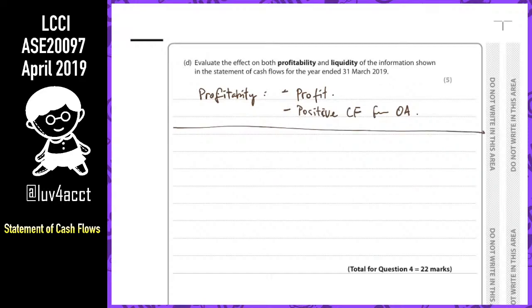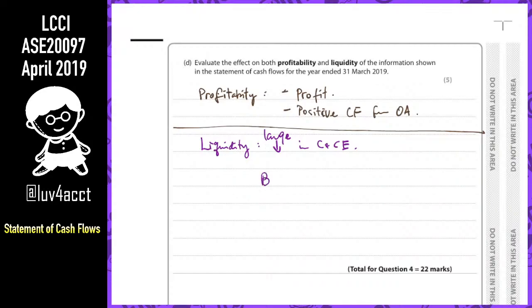And then for liquidity, you can mention there is a concern because of a large decrease in cash and cash equivalent. It is a 21,000 decrease. You can say this is to be concerned by management.